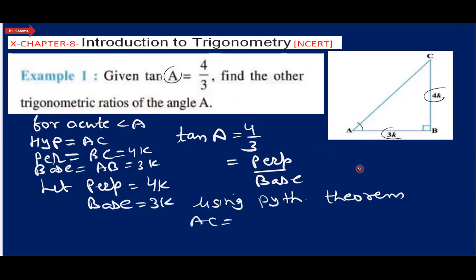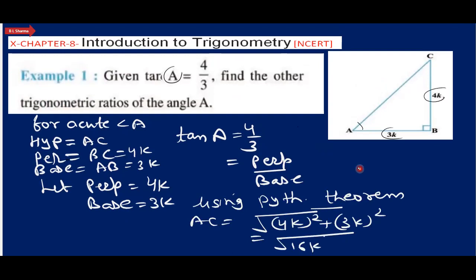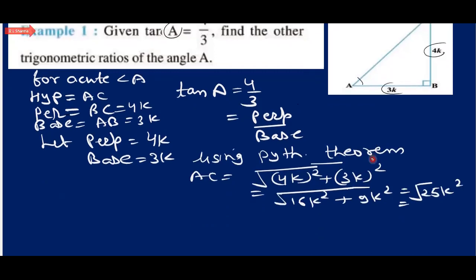Using the Pythagoras theorem, AC, the hypotenuse square, is equal to perpendicular square, that is 4k square, plus base square, that is 3k square. That is 16k square plus 9k square, that is 25k square, and on further simplification it is 5k.